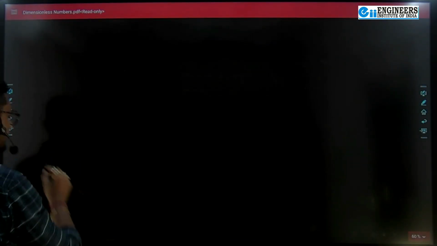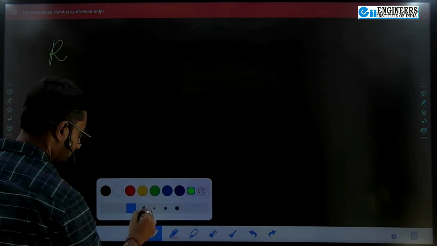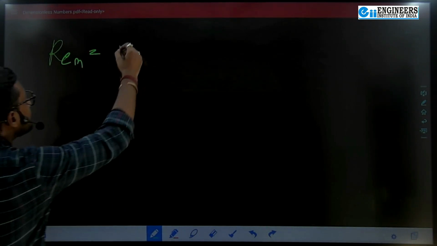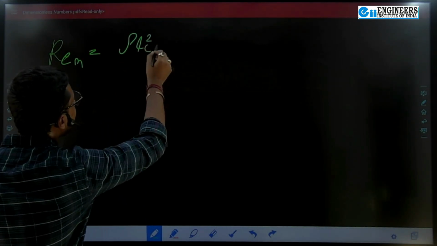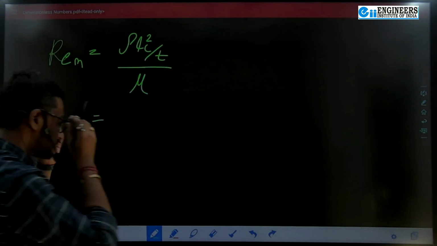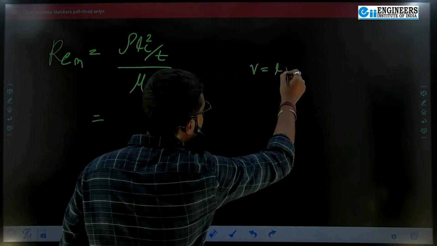Okay, so what we got? We got Re equals rho LC square divided by time and divided by mu. Okay, so we know that the unit of velocity is what? Meter per second.